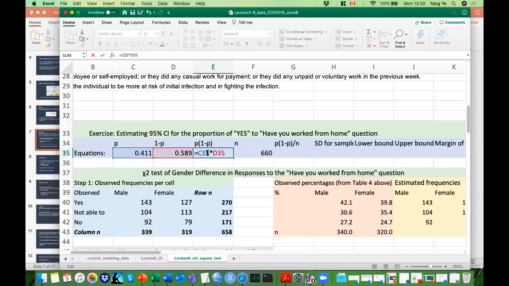So in this case, you see C35 has been highlighted in blue here, and D35 is highlighted in red. So for p times 1 minus p, it confirms that your equation is right.